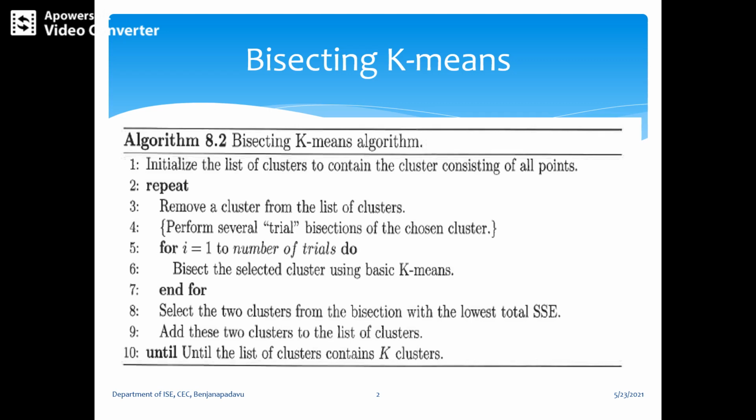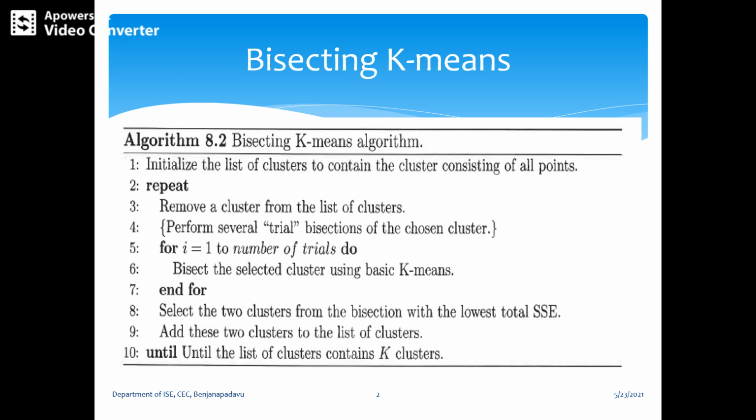Then we take the loop, the fifth step: for i equal to 1 to the number of trials, do: bisect the selected cluster using basic k-means, and end for. The loop ends there.